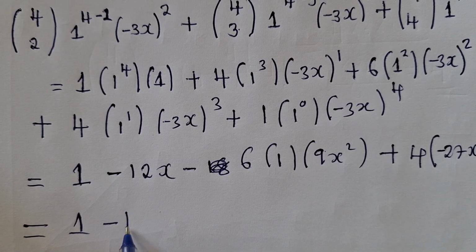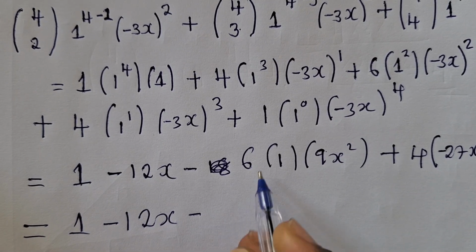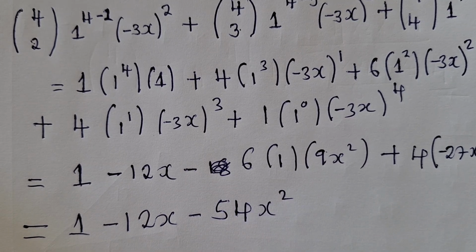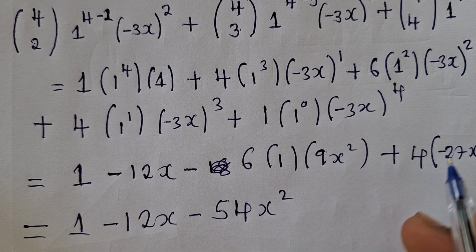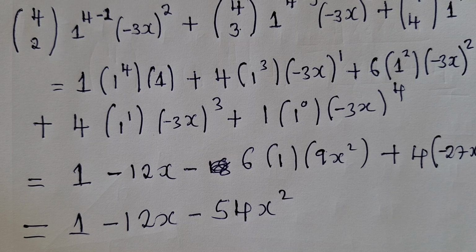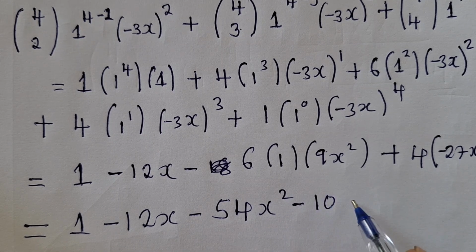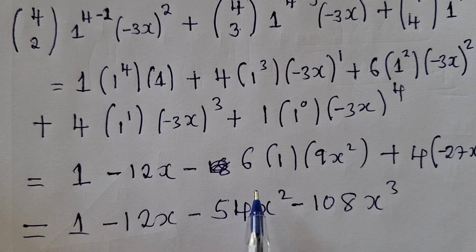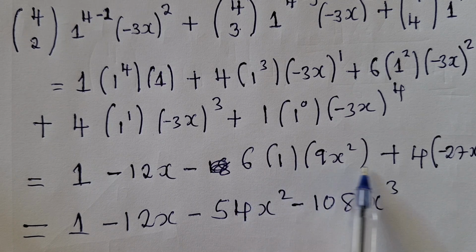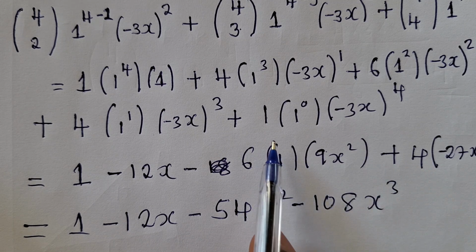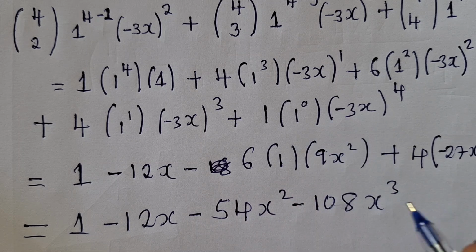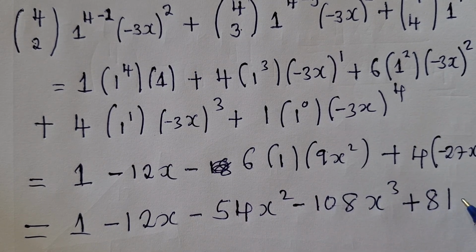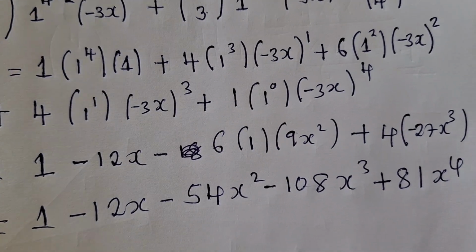We've got 1 minus 12x, and when we multiply these two, we're getting 54x squared. When we multiply these two, 4 times negative 27, it's negative 108x power 3. I hope we are doing the same thing. For this one, it's giving us a positive 81x power 4. This one right here.